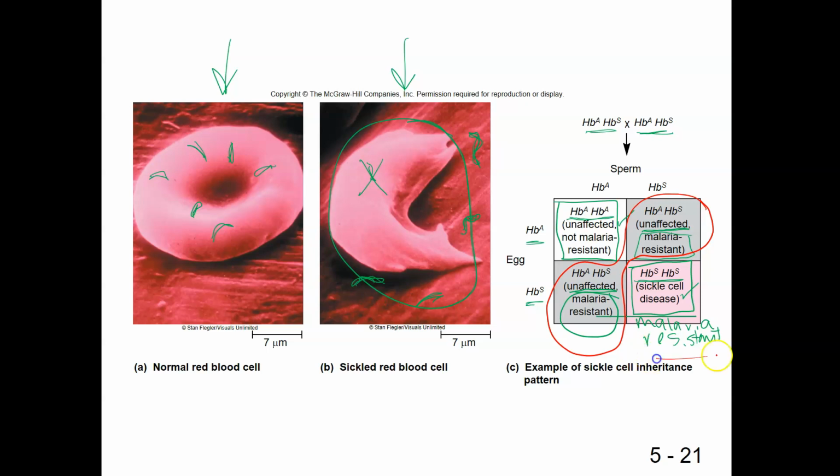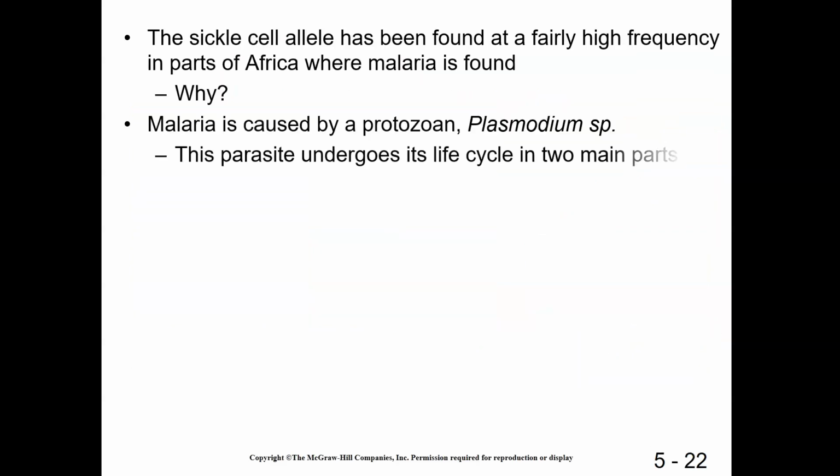Even though the recessive is malaria resistant, like I said, they could still end up having a stroke. So it's more advantageous to be a heterozygote. You're unaffected, you still have some red blood cells. Some of them can get infected, but not all of them do, because the malaria Plasmodium can't spread, especially if it tries to infect a sickled red blood cell.